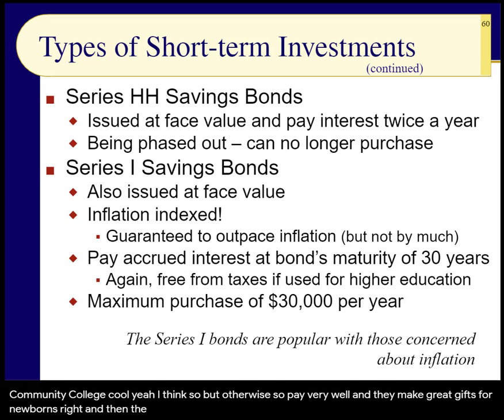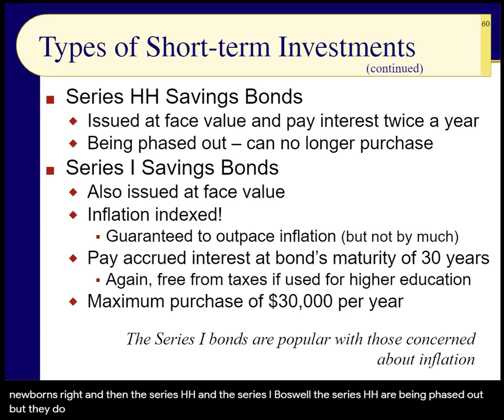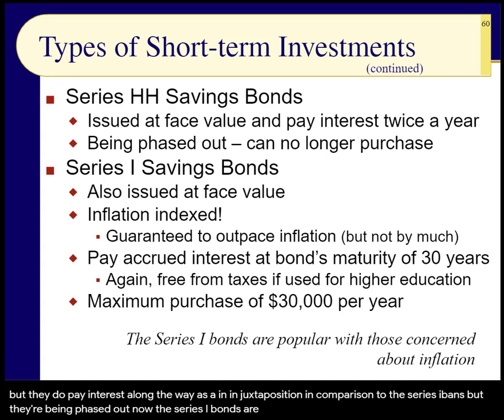And then the Series HH and the Series I bonds. Well, the Series HH are being phased out, but they do pay interest along the way, in comparison to the Series E bonds. Now, the Series I bonds are popular with people who believe that inflation is coming back.